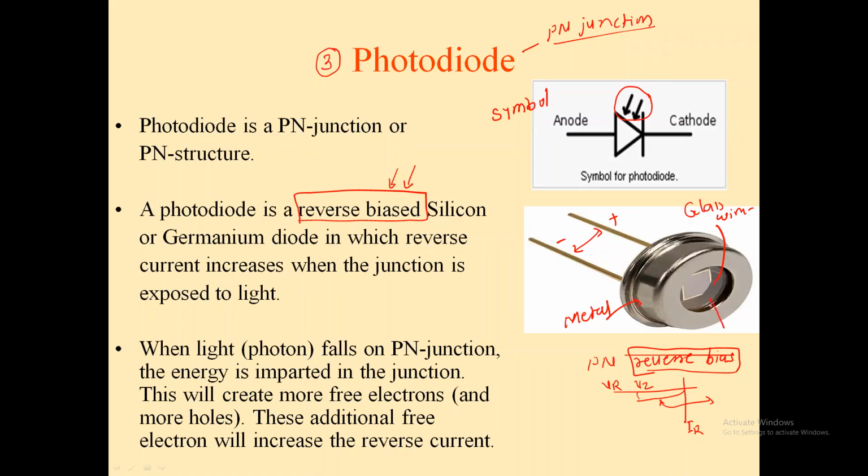And when the light is falling on that glass window, this glass window is exactly on that PN junction. Here, this is the glass window, and this is the metal sheet, and these are the two electrodes.